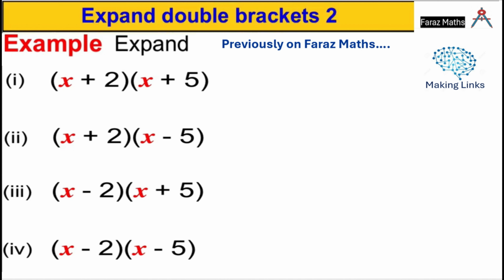Okay, previously on Faraz Maths, we already did how to multiply or how to expand two positive brackets. So if I multiply x with x, you know that it is x squared. If you multiply x with positive 5, that is plus 5x. If you multiply plus 2 with x, this is plus 2x.